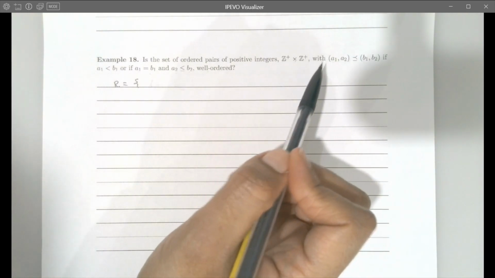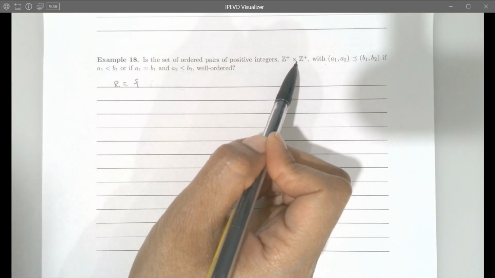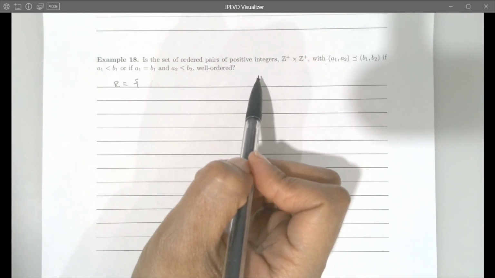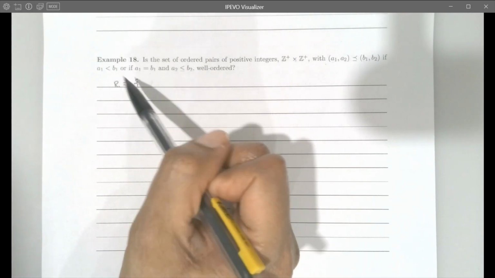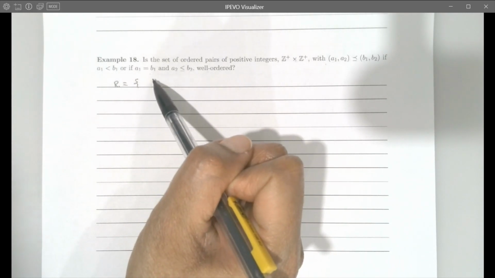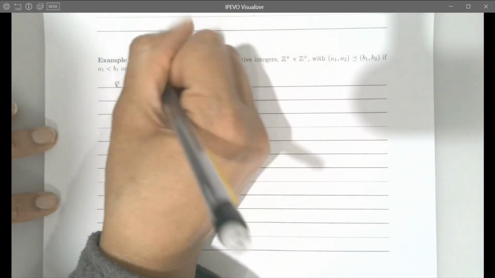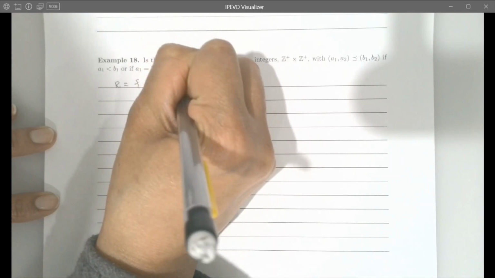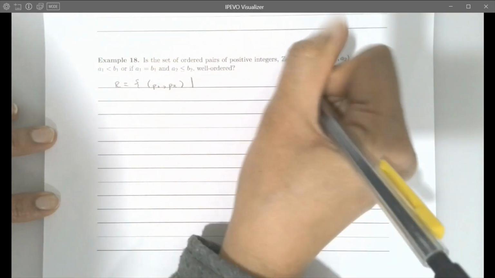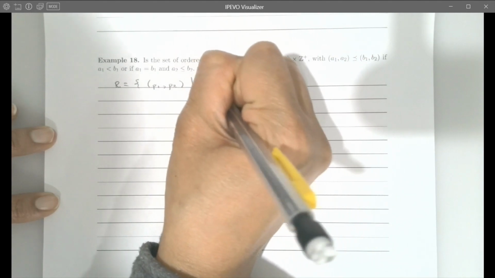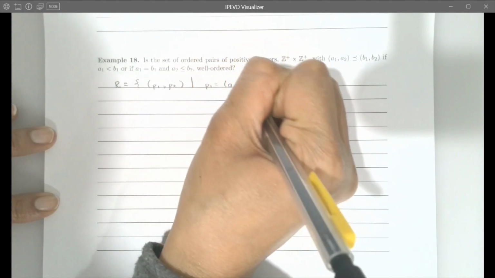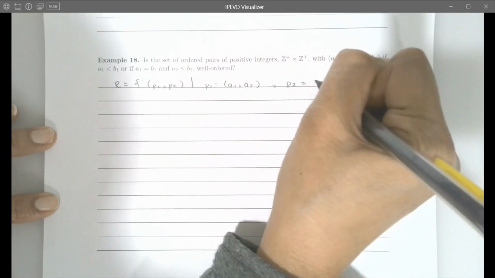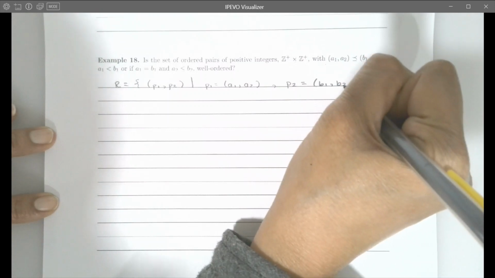Okay, the domain of the relation is Z plus cross Z plus. So we're actually taking pairs as elements in the ordered pairs of R. So what I mean by that is the following. R is the set of ordered pairs P1, P2, where P1 is equal to a1, a2, and P2 is equal to b1, b2.